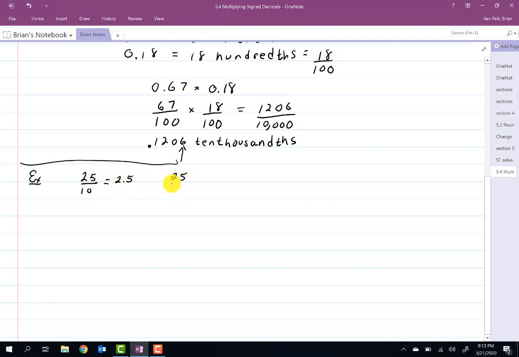If I took 25 over 100, I get 0.25 because that's 25 hundredths. If I do 25 over 1,000, I get 0.025. You see, the 5 is in the thousandths spot, and that matches. In the previous one, this 5 is in the hundredths spot, and that matches that we divided by 100. And in the first one, this 5 is in the tenths spot.